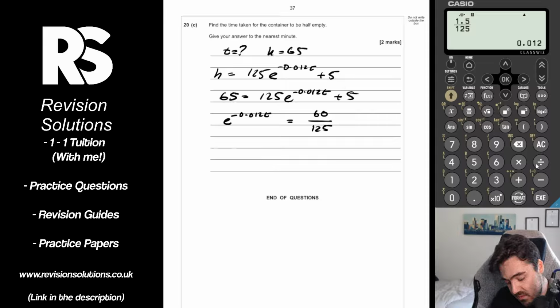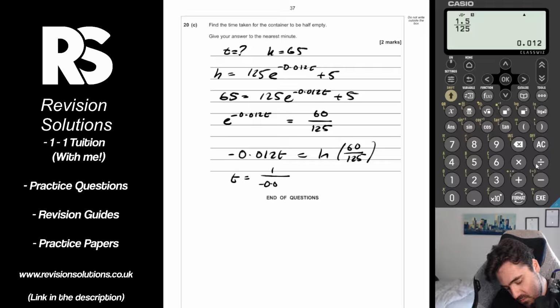Then going back using the logarithm, we'd have minus 0.012t equals the natural log of 60 over 125. So t is 1 over minus 0.012 times the natural log of 60 over 125.